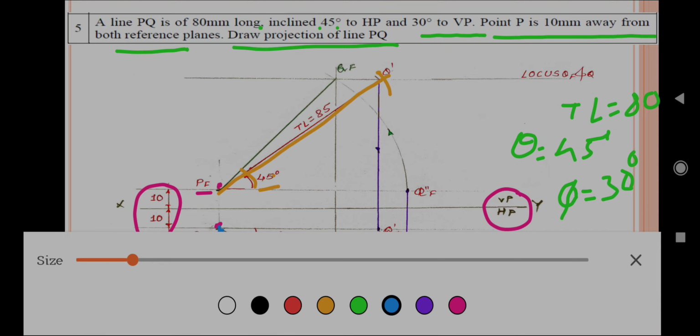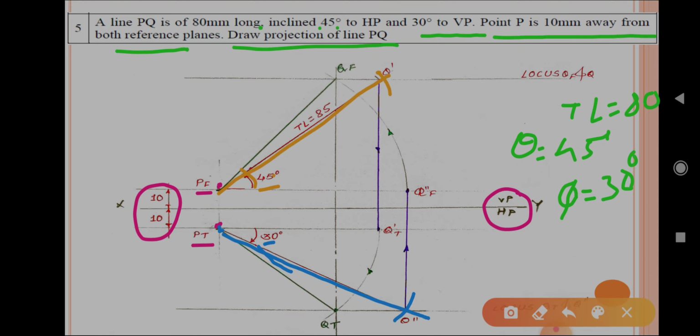After that we take the vertical projection line, we get the Q dash T point, up to the PT, and we draw the arc that cuts the locus point, we get QT, we connect the points PT and QT, we get the top view.